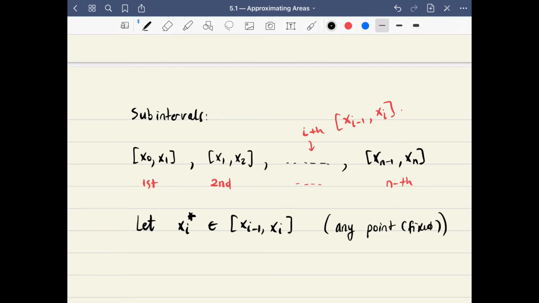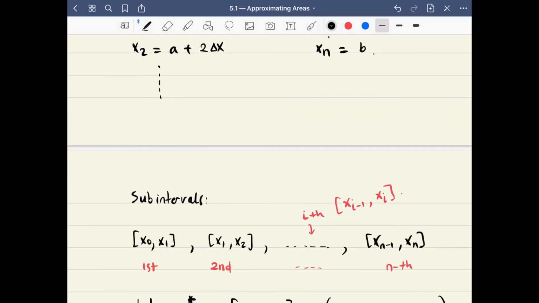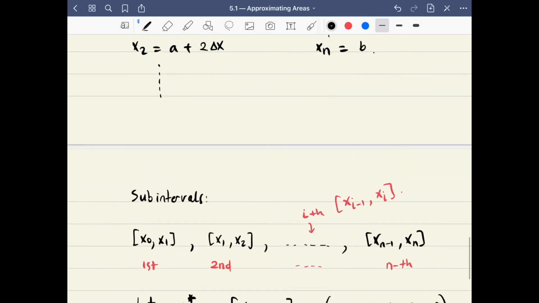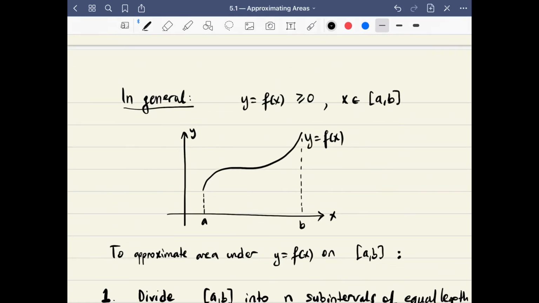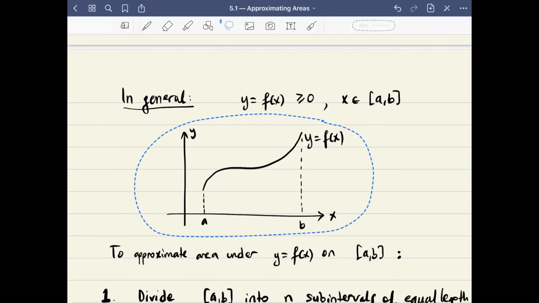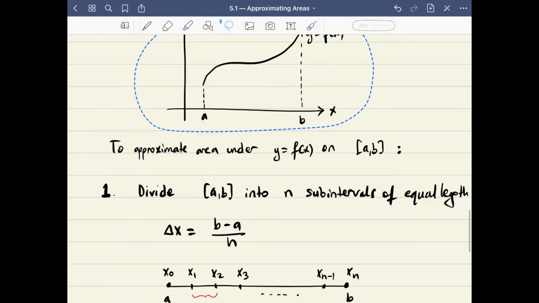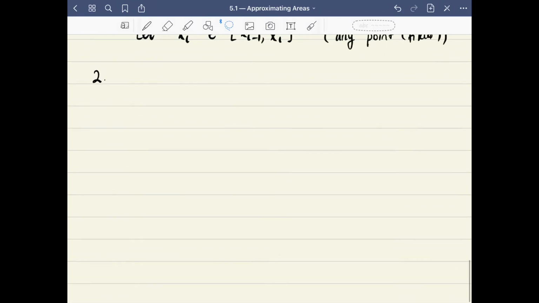All right, so we'll need this in the next step. So now we're going to construct rectangles on top of each of these subintervals. So let me take this picture here again, because I need this. So let's copy this, and let's put this here.